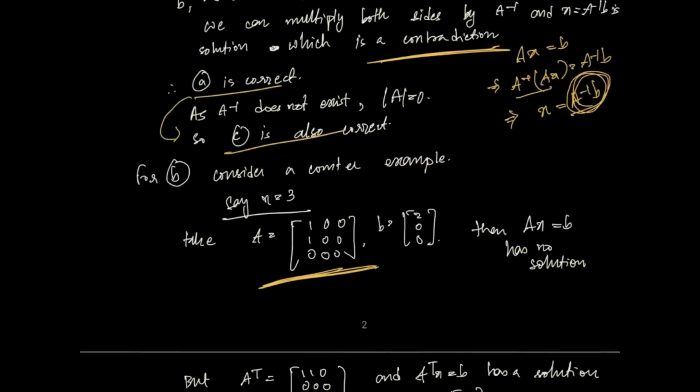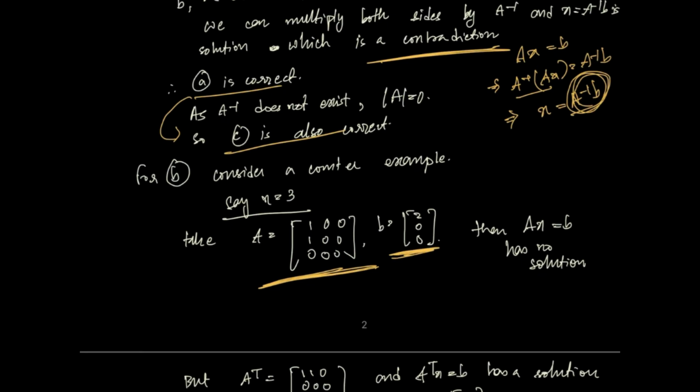So let's just look at this counter example. Say n equal to 3, and for this very reason, I said don't even take into account that n is supposed to be 10. That is just a distraction. So have A equal to 1, 0, 0, 1, 1, 0, and 0, 0, 0. And consider B to be this vector, which is 2, 0, 0. Does Ax equal to B have a solution?